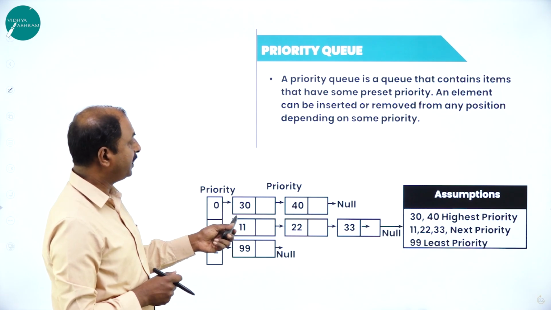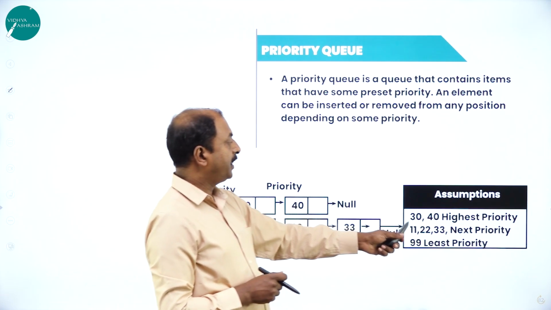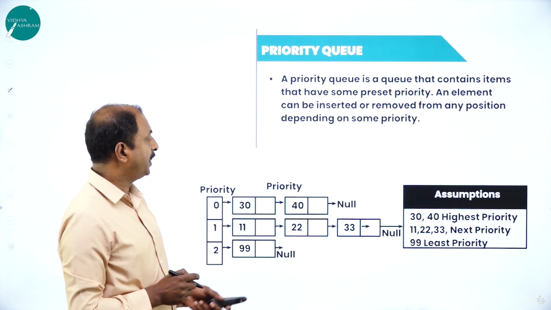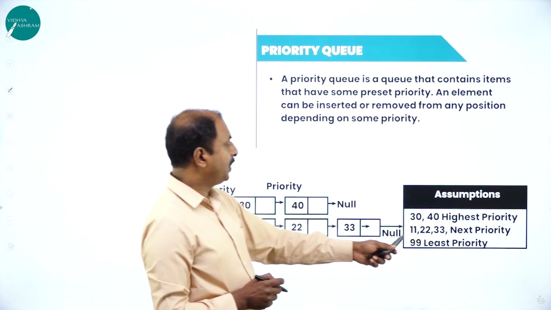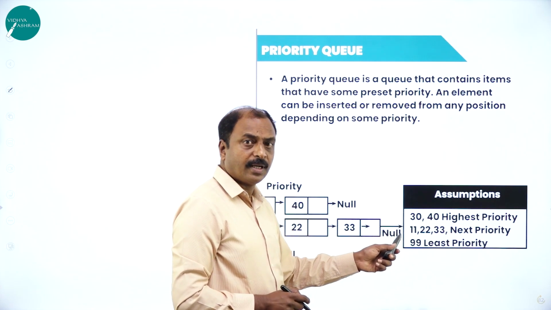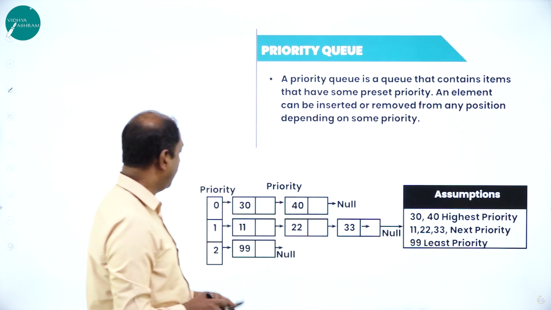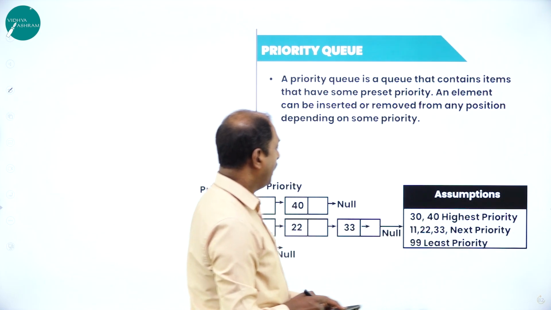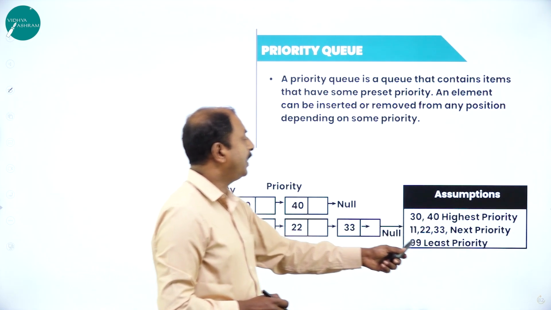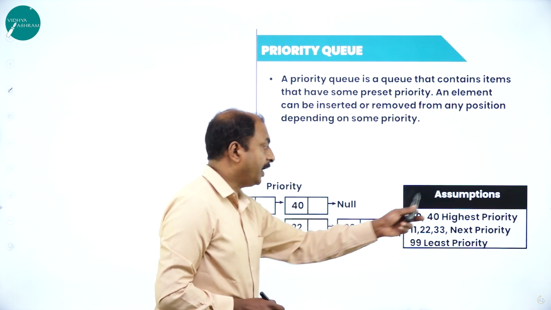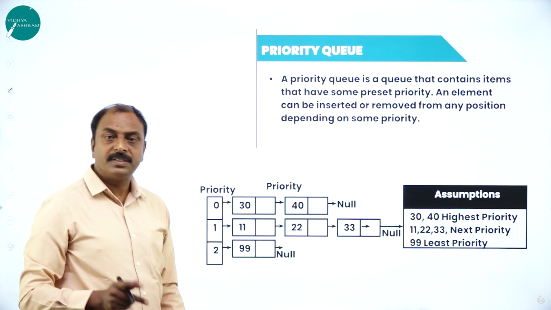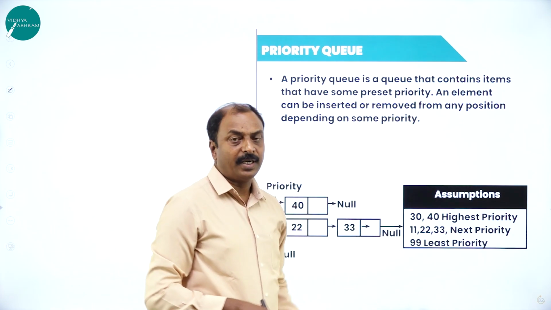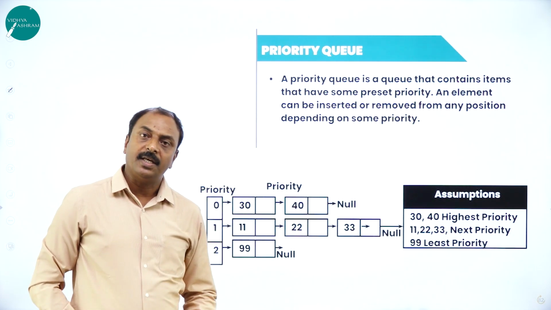These are the priorities in the example: 30 and 40 are the highest priority, 11, 22, 33 will be the next priority, and 99 is the least priority. Accordingly, the elements can be inserted or deleted based on the preset priority. It is a priority queue.